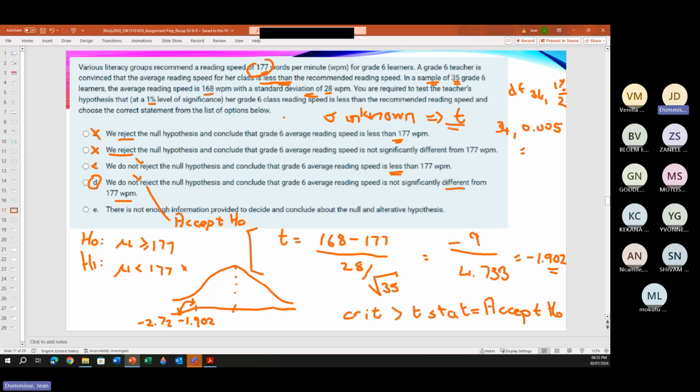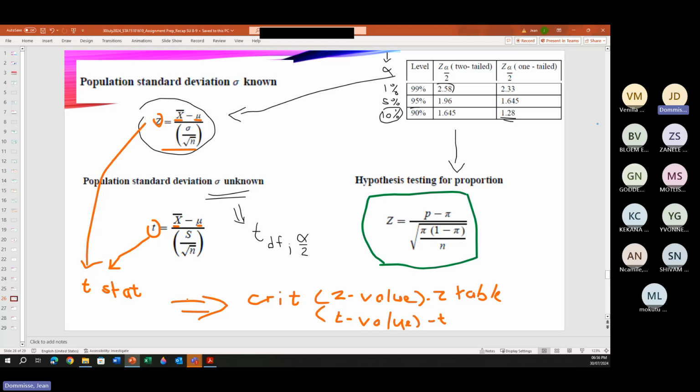Okay. And the way that we work out the T for this T-stat is exactly the same as how we would work out the Z. So this one is very important: whether your population standard deviation is known or unknown, the way that we work out that T-stat is exactly the same.